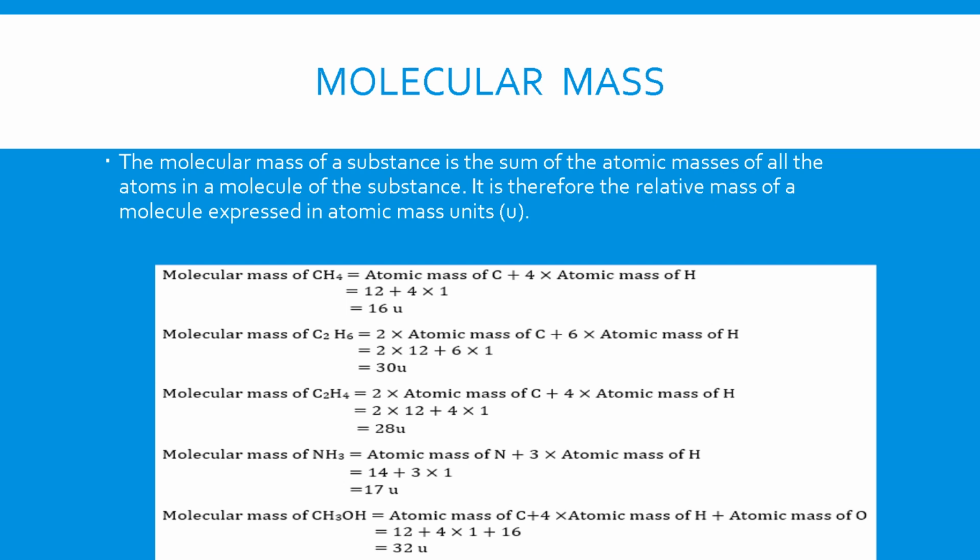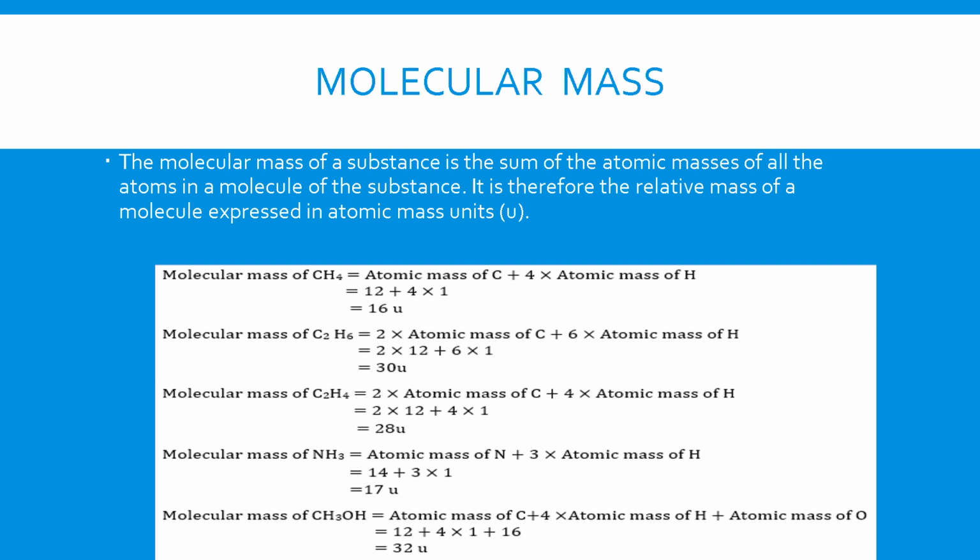Because in methane 4 atoms of hydrogen are there. Now the atomic mass of carbon is 12 and the atomic mass of hydrogen is 1. So 1 into 4 is 4, 12 plus 4 is 16. So the molecular mass of methane is 16 u.